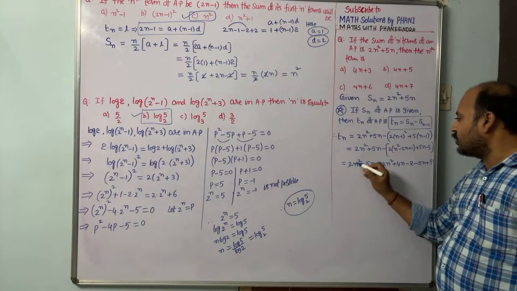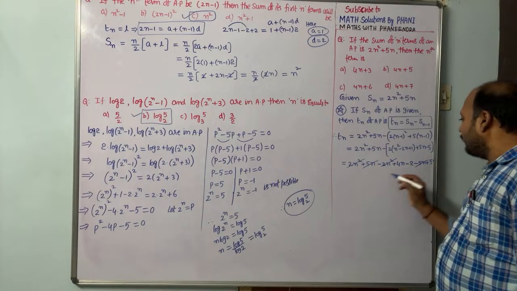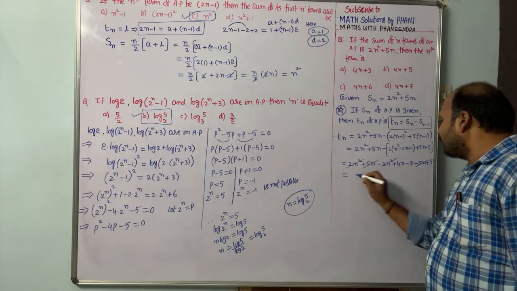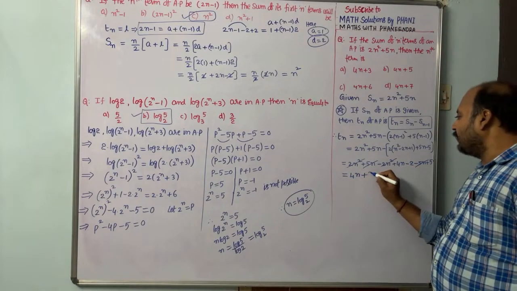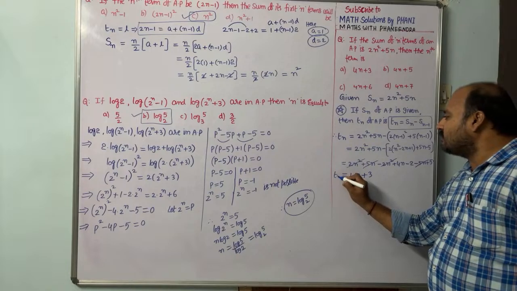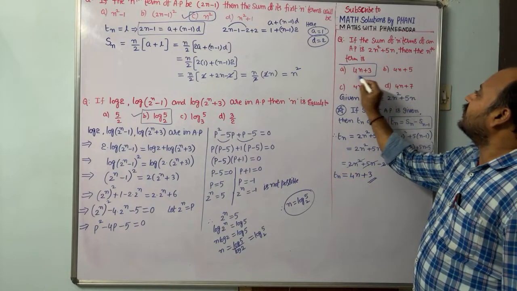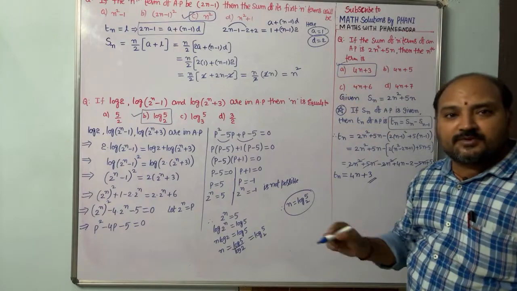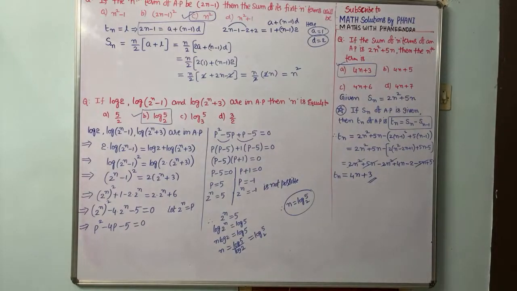So first 2n square minus 2n square, plus 5n minus 5n, which is equal to plus 4n, 5 minus 2 is plus 3. Therefore, the nth term of AP is 4n plus 3. It is there in the first option, dear students. This is the way we have to solve it.